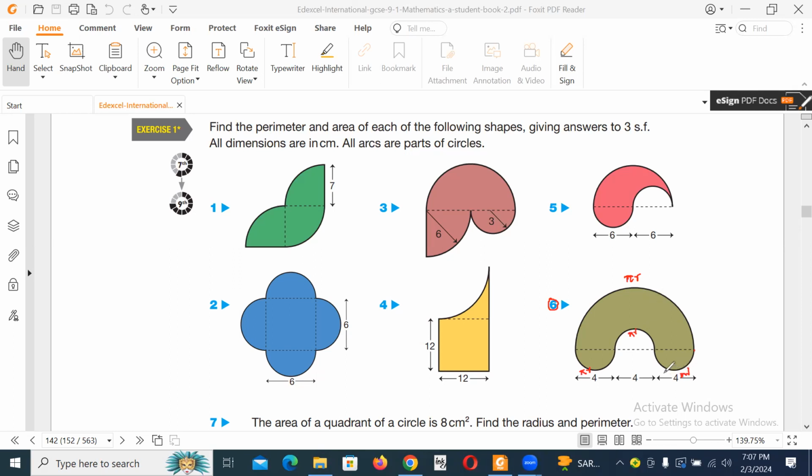The total diameter or total length is 4 plus 4 plus 4, 12. Half of 12 is 6. So for this I will use r equals 6.